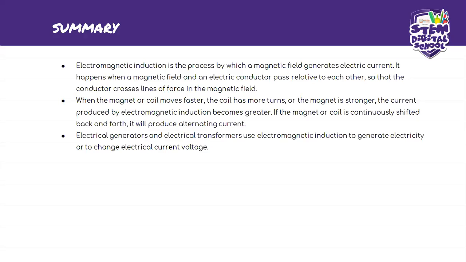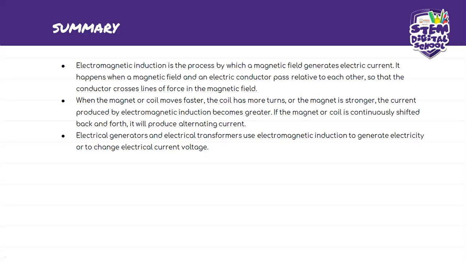Things that affect the production of electromagnetic induction: if the coil or magnet moves faster, or the coil has more turns, which we just spoke about. If the coil has more or fewer turns, it determines how much voltage or current is going to be produced.